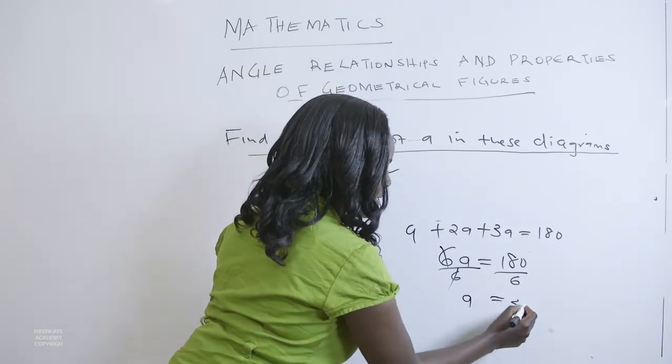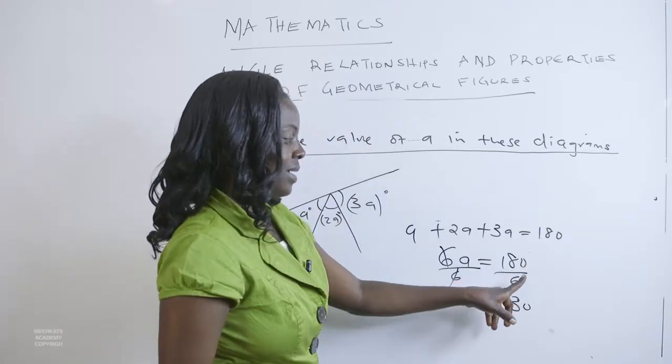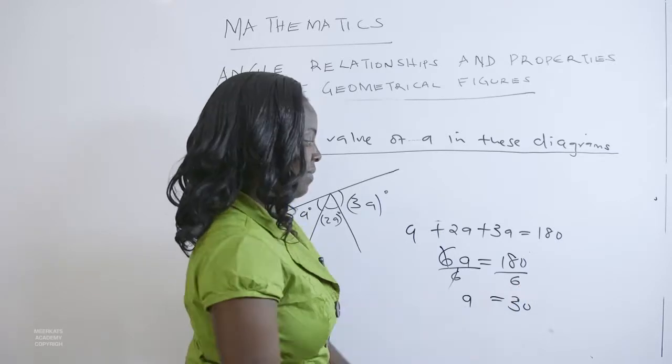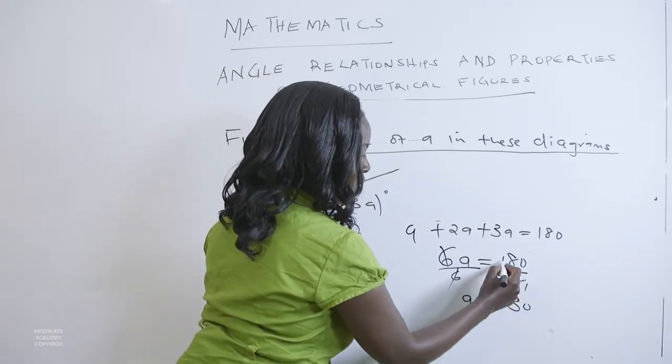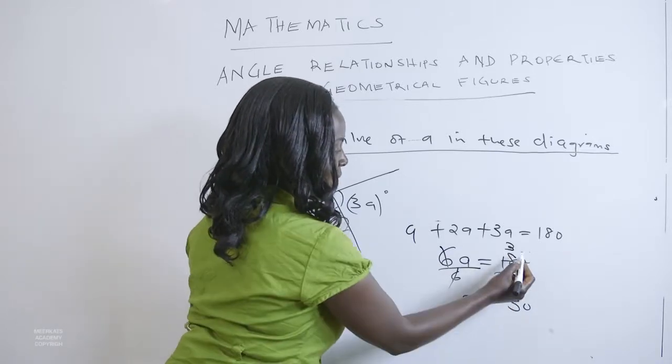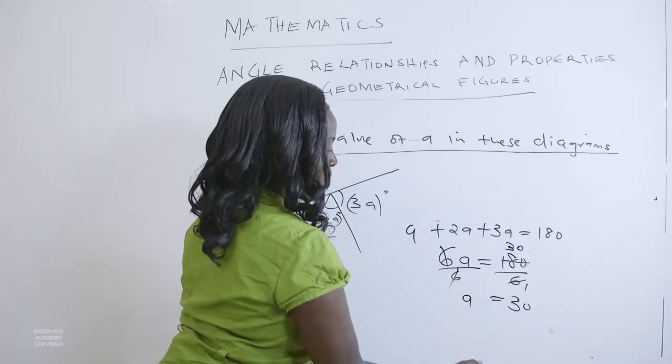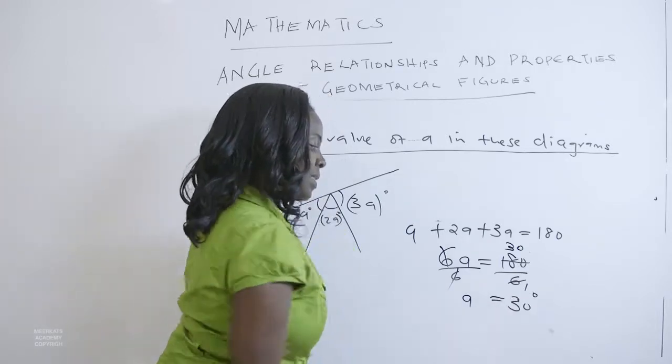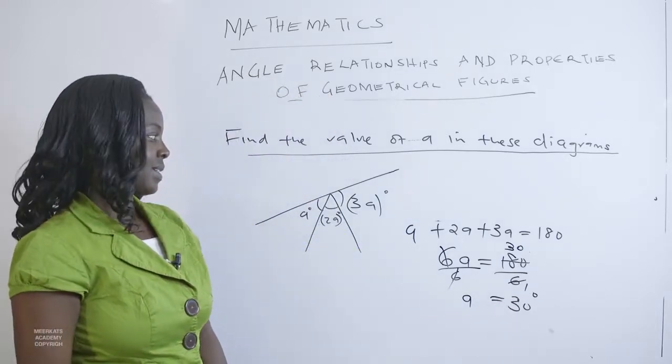Then on the other side, 180 divided by 6 will give us 30, because 6 goes into 18 three times, and then we bring down 0. So A is 30 degrees.